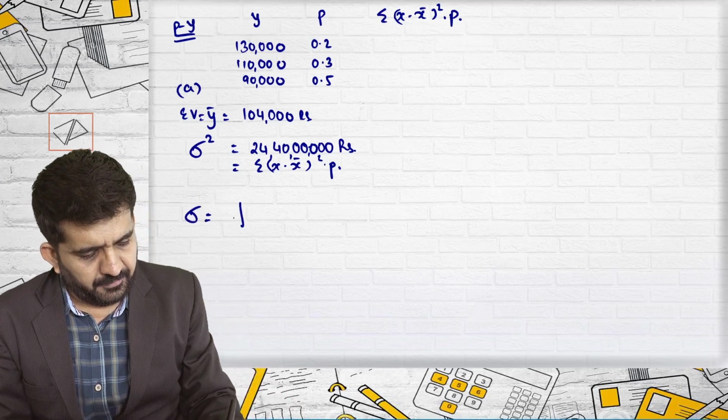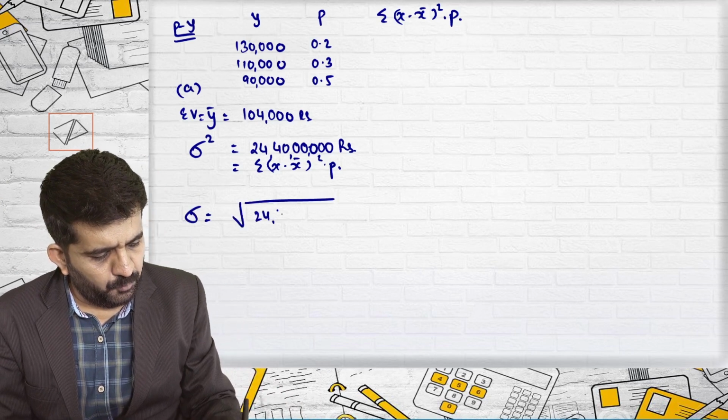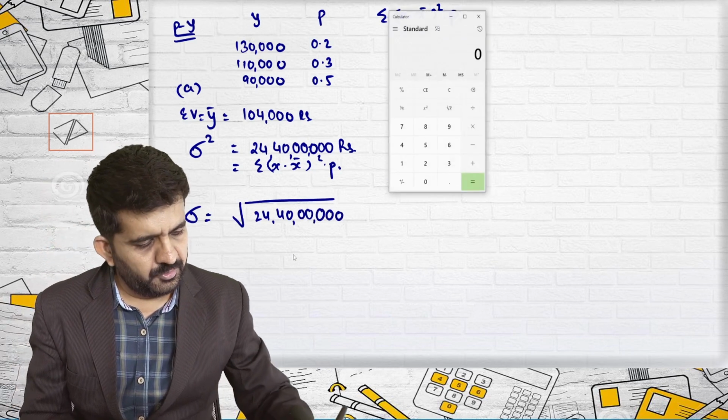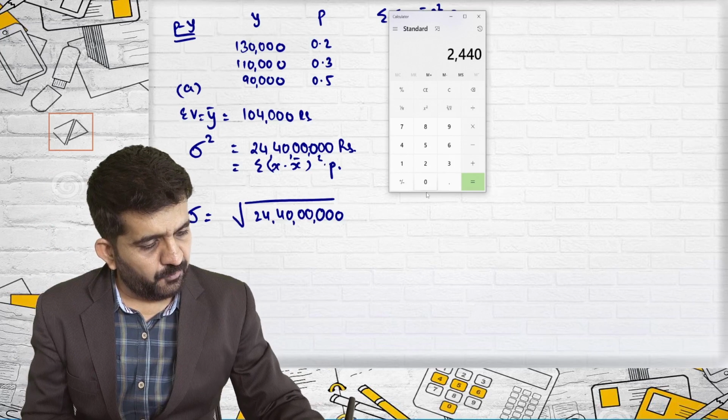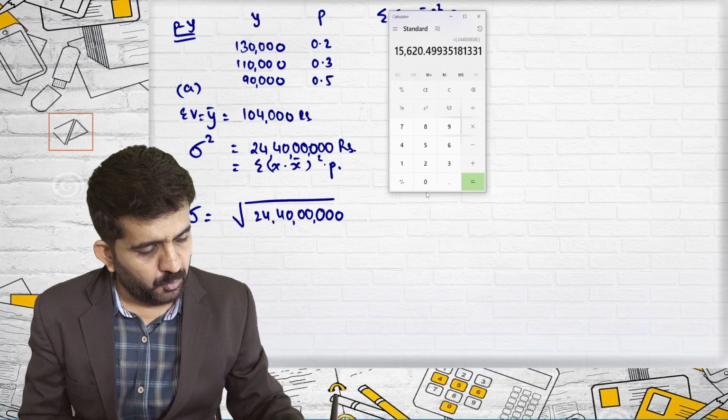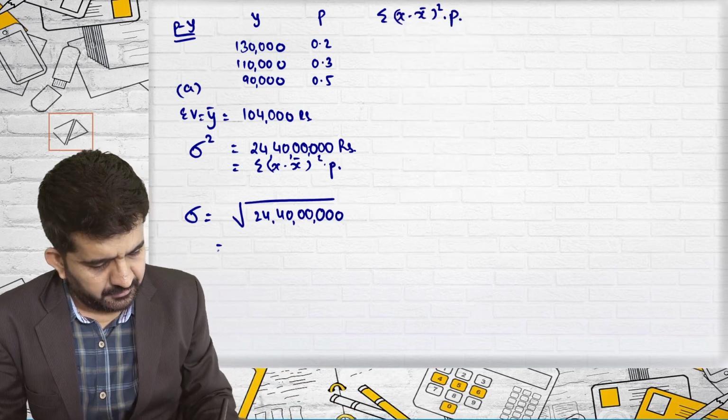Standard deviation is the square root of 24 crore 40 lakhs, so 24 crore 40 lakhs under root is 15,620.